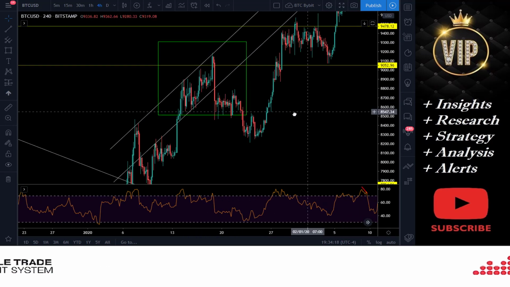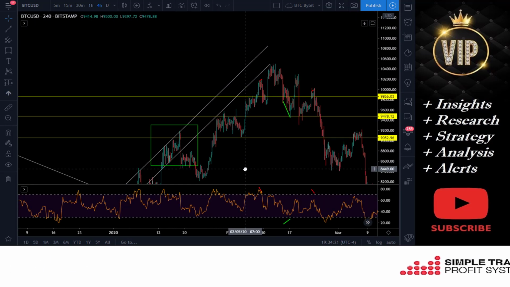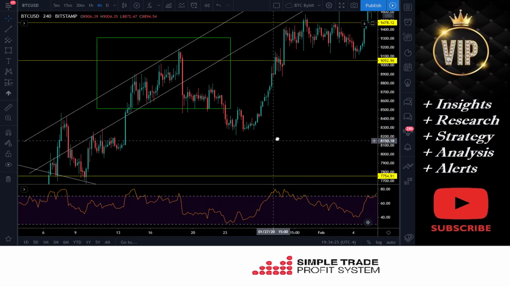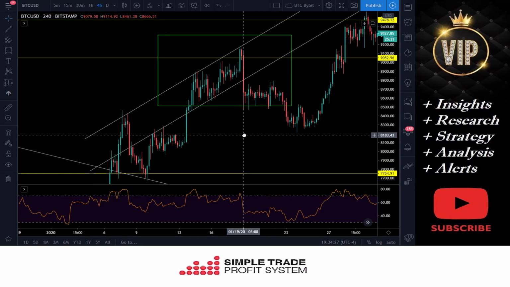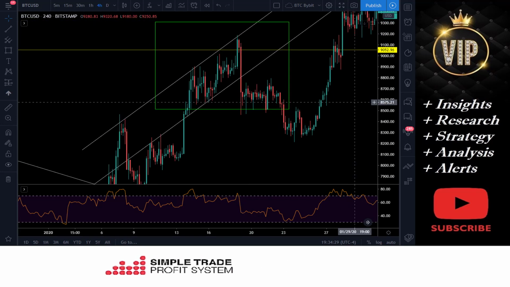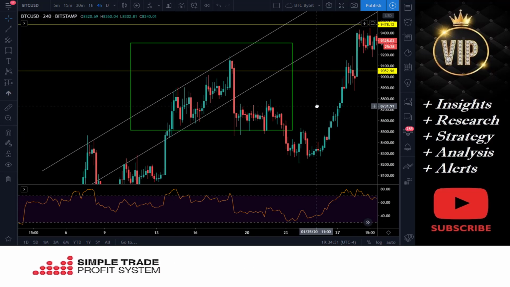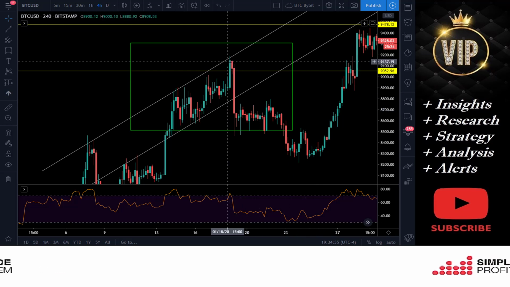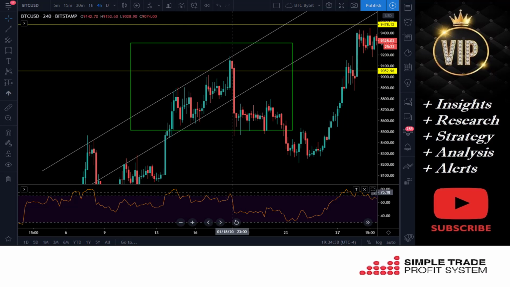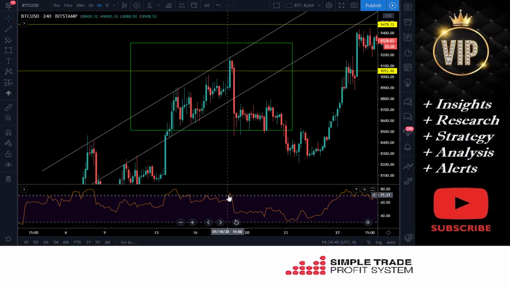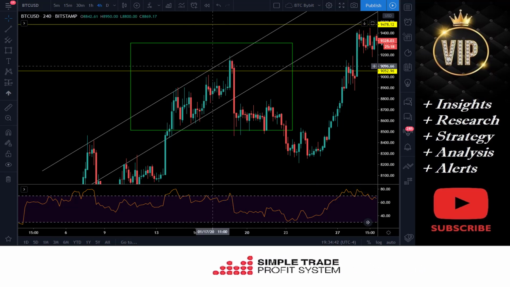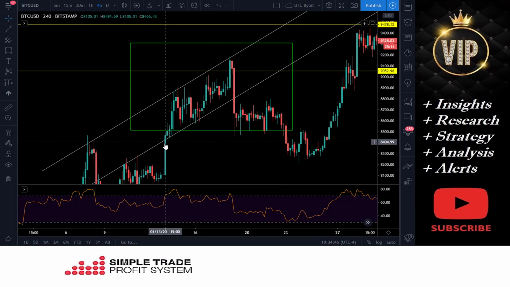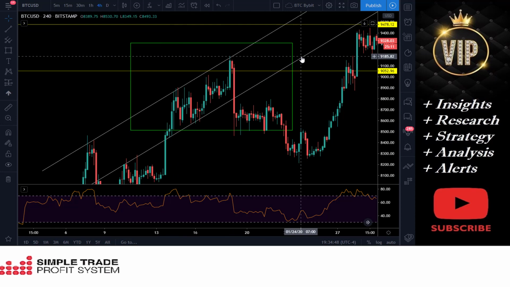So I believe this is the last example. Yes, this is the last example. So here we have, again, RSI showing barely overbought, but it still is. It came up, it is overbought. We have our diagonal trend line acting as resistance.